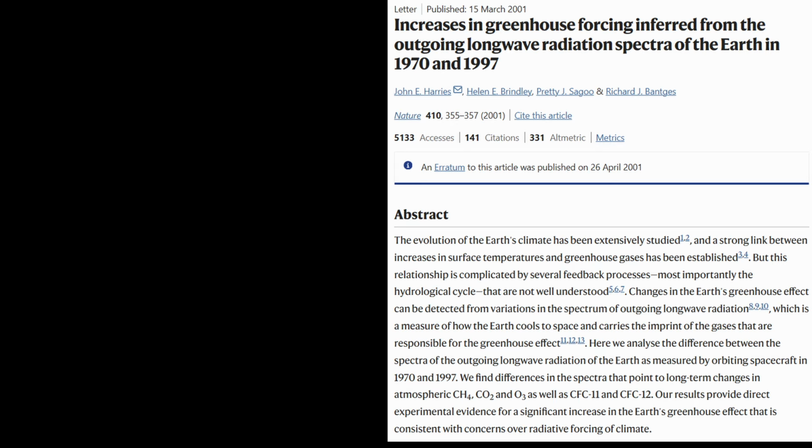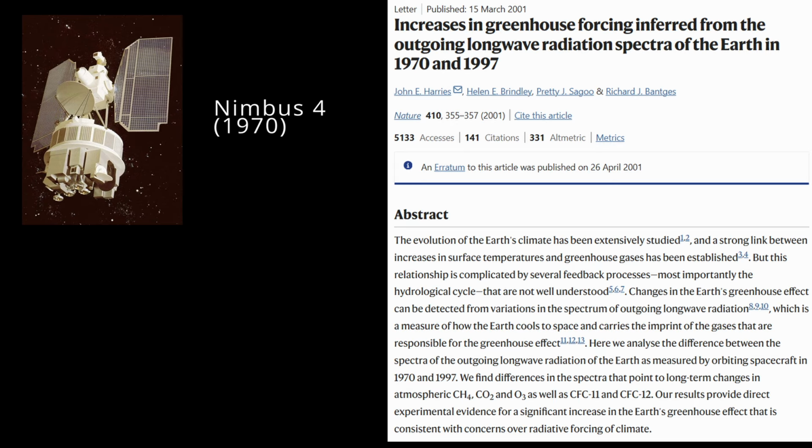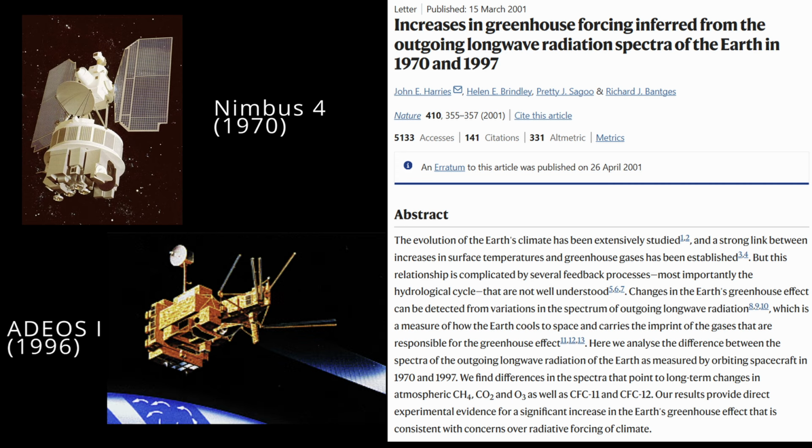These were both pretty early studies and didn't yet look at changes in the greenhouse effect. The first paper to do that was Harries et al. 2001. Very famous paper. It used actually the same satellite that Hanel 1970 used, the Nimbus 4. They took Nimbus 4 data since 1970 and combined it with results from another satellite, the Advanced Earth Observing Satellite, that was launched in 1996.